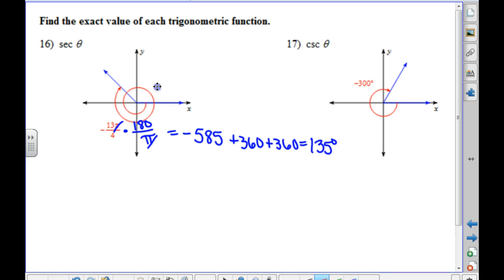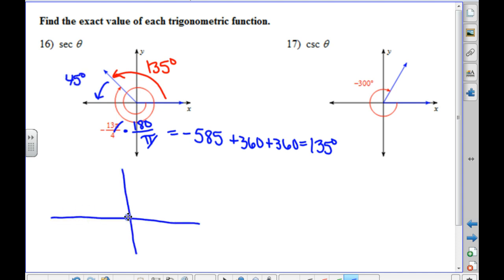A 135 degree angle is around this way, right guys? We need the reference angle, which means the angle the rest of the way to the x-axis. 180 minus 135 is 45 degrees. Without a unit circle, I want you to be able to do these by thinking about a 45, 45, 90 triangle.